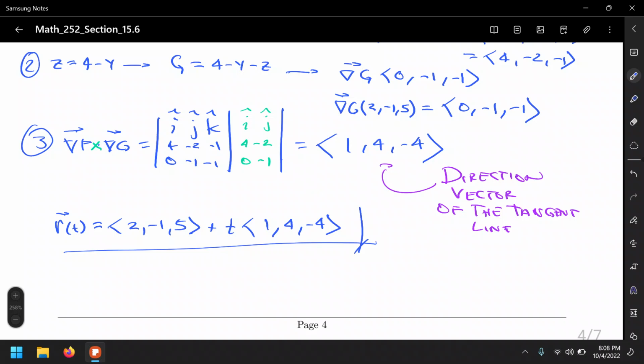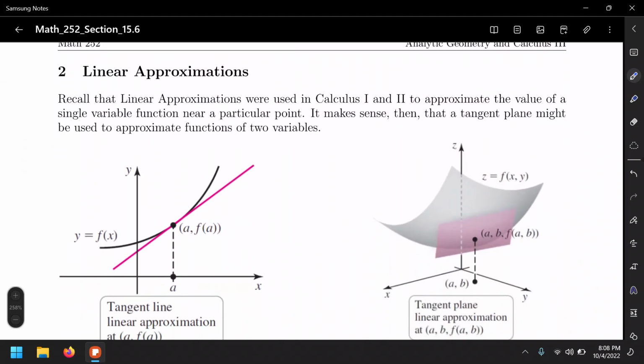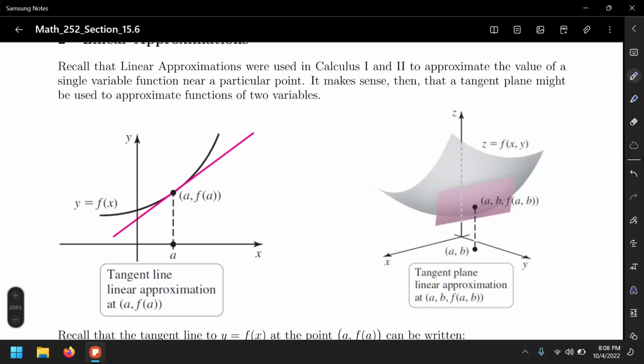All right. So I think this concludes this first part of the section about tangent planes and lines. Now let's look at linear approximations. We use linear approximations to calculate certain values that we cannot calculate with the given functions.